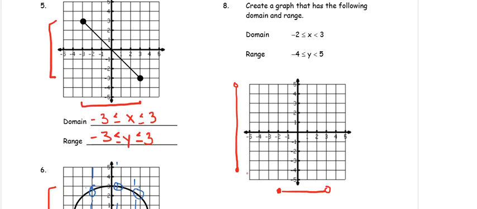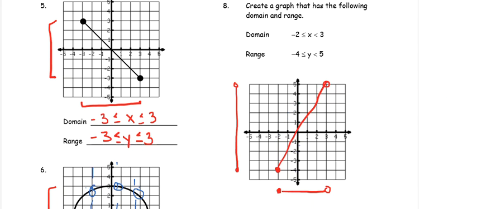So one thing you've noticed, this is a closed circle and this is a closed circle, so these have to be together. So you're just going to match up that -2 with that -4. I'm going to do a closed circle. Matching up that open circle to this open circle is going to be here. And now, whatever, you can draw a straight line here, you could draw a curved line here, whatever you like.